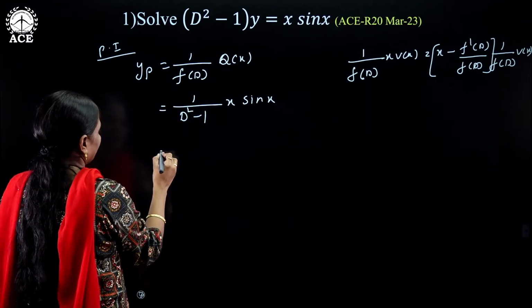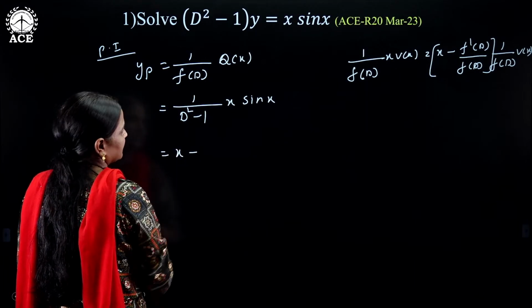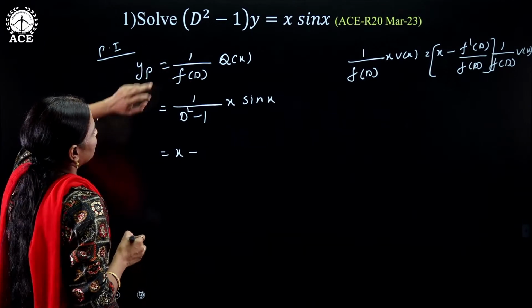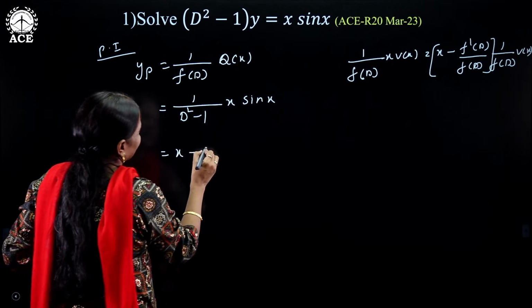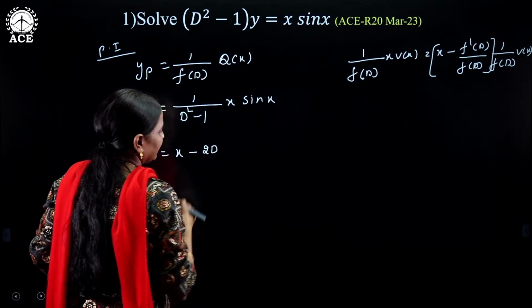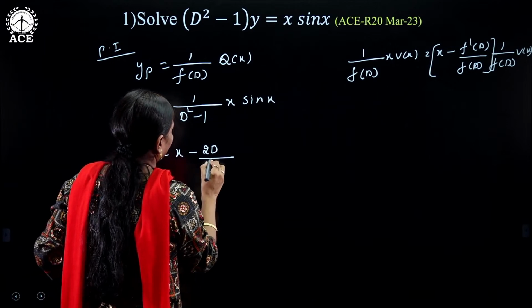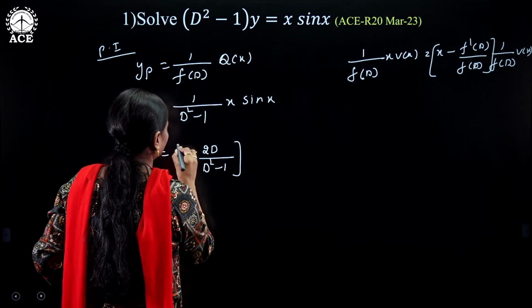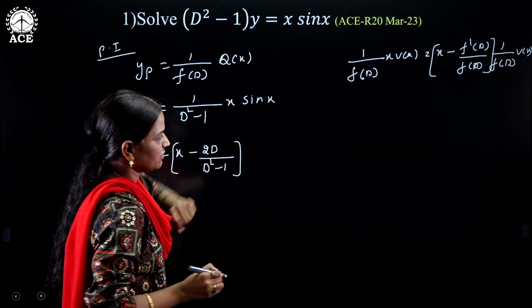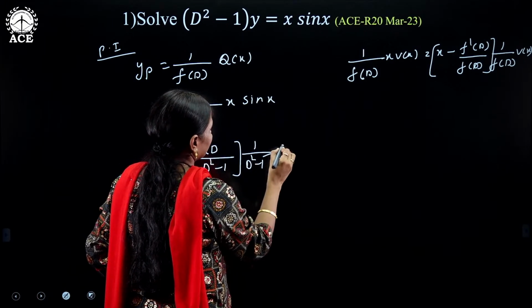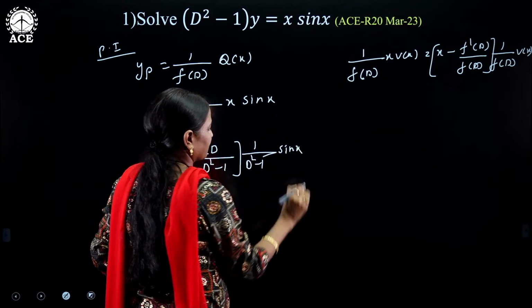Now apply that formula, which is x minus f dash of D. What is f of D here? F of D is equal to D square minus 1. What is the f dash of D? 2D minus 0 by f of D. So that is D square minus 1 into, again, 1 by f of D, 1 by D square minus 1 into sin x.